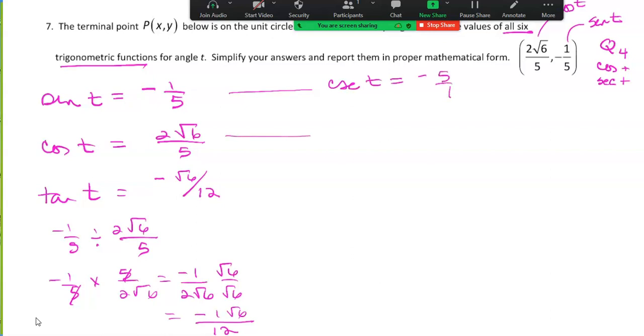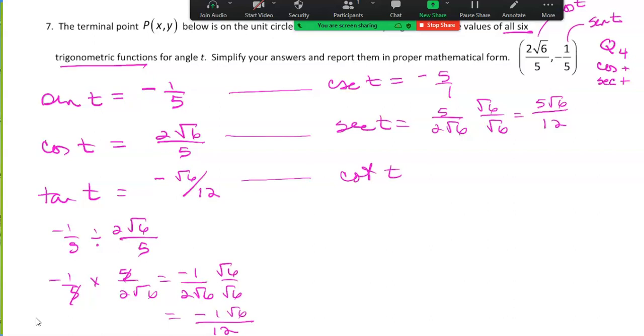The partner with cosine is secant. So that's going to give us 5 over 2 root 6, but I'm going to have to rationalize that. 5 root 6 over 12, my best answer. And cotan. Now, cotan, what I would recommend that you do is look down here and look at the step before you rationalize, which is right there.